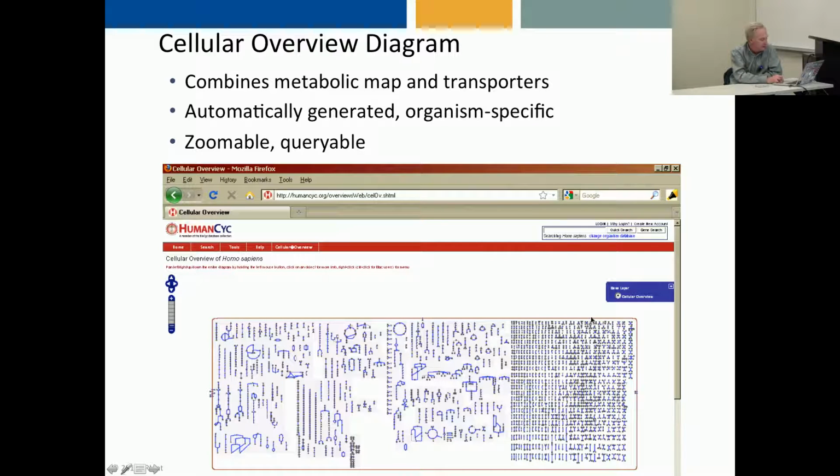And then transporters are along the outside. We haven't populated this with many human transporters yet. And then each dot is a single metabolite, and each line is a single metabolic reaction that interconverts these metabolites.